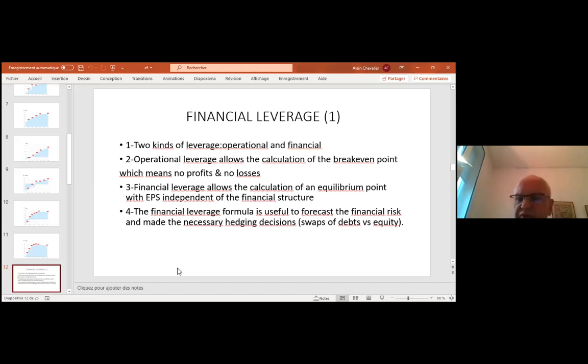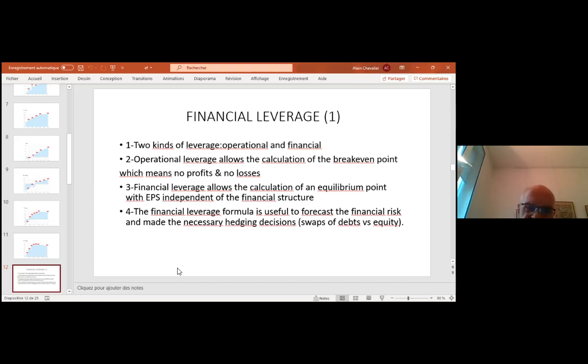So you find again the analysis in terms of fixed costs and variable costs, fixed costs being connected to the debt level and variable costs to the total equity level. This is the same principle of analysis we applied for the operational leverage.